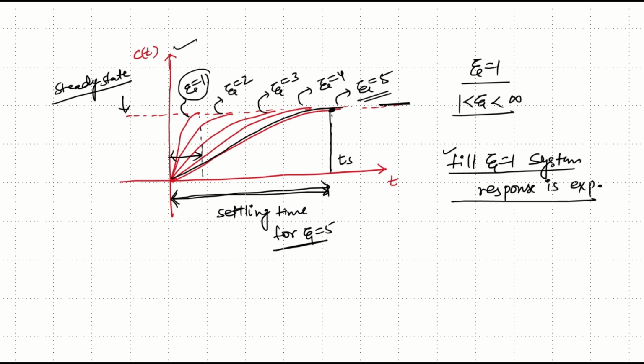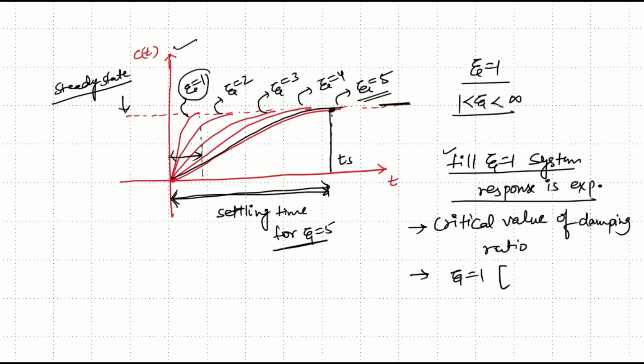So this value of zeta equal to 1 is the critical value of damping ratio, and hence this condition of zeta equal to 1 is known as critical damping. I hope you understood this.